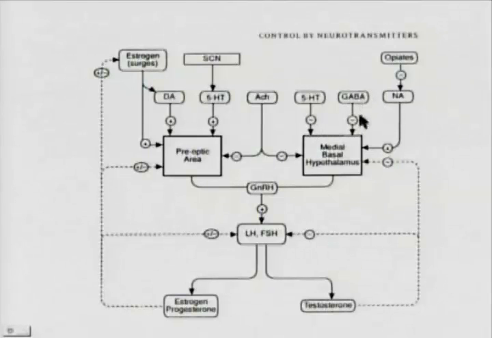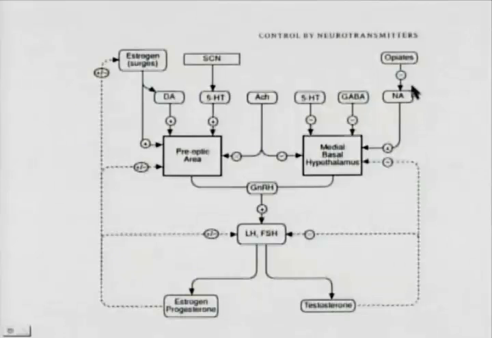The GABA at the mediobasal hypothalamic GnRH neurons is of course inhibitory, and then we have already looked at how the opiates inhibit noradrenaline, which is a gas pedal, to the mediobasal hypothalamic GnRH neurons. And the gonadal steroids have an effect here as well.